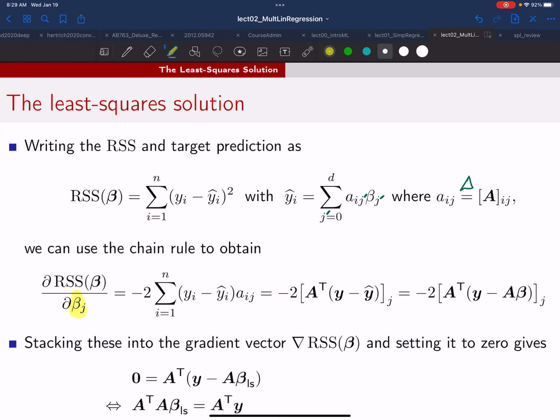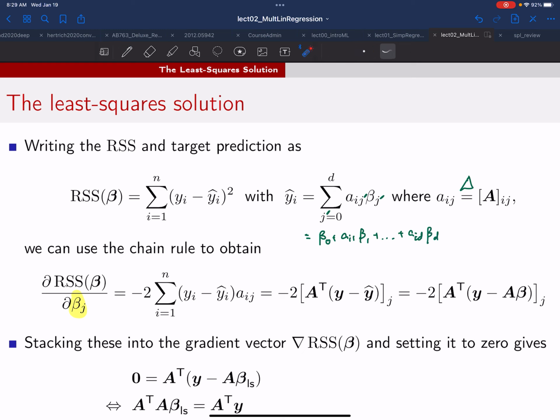Over here, j prime is being used as what I call a dummy variable. It's just like a temporary variable that we use to do this sum. And as we know, you could expand this out to beta 0 plus a_i1 beta 1 plus dot, dot, dot, all the way to a_id beta d.